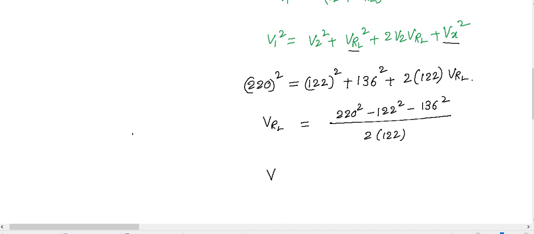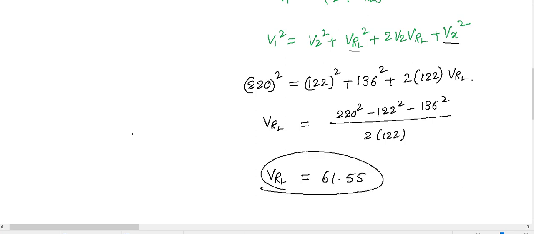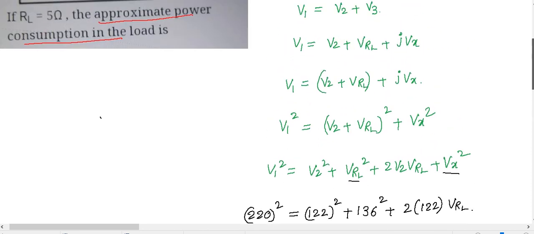Simplifying, this is divided by 244, and the value is 61.55. This is the voltage across the load.